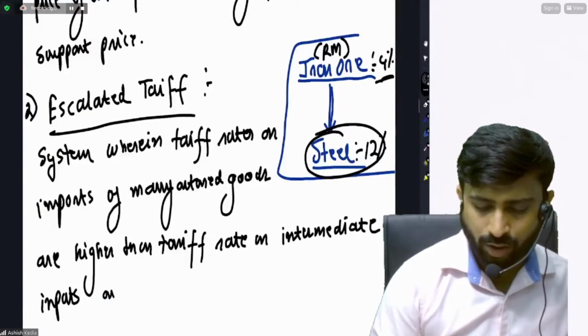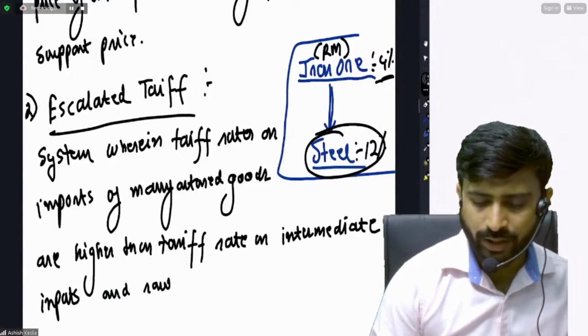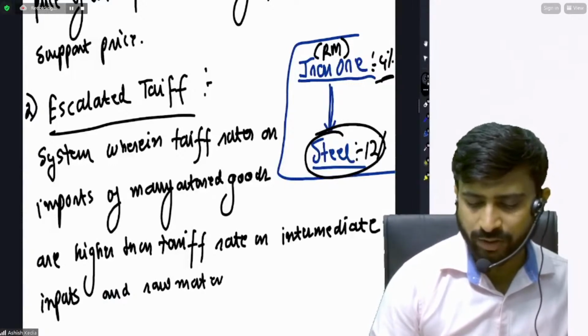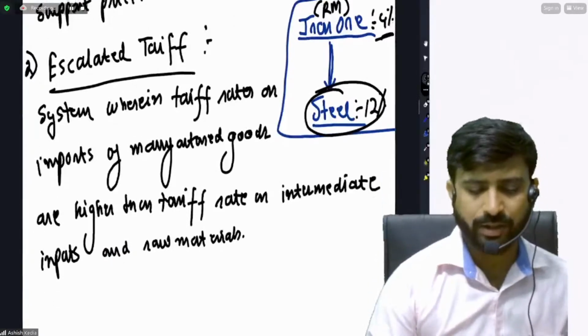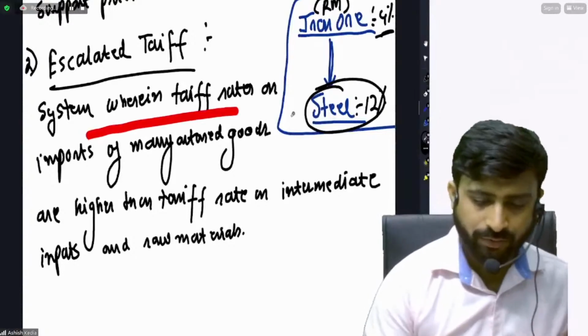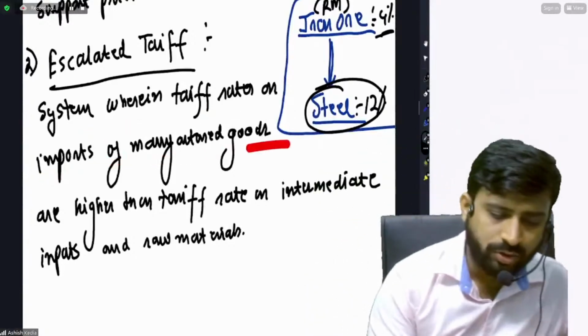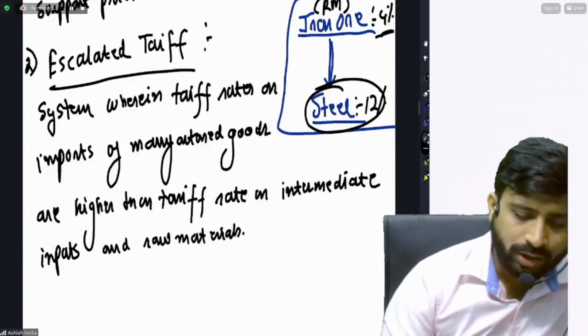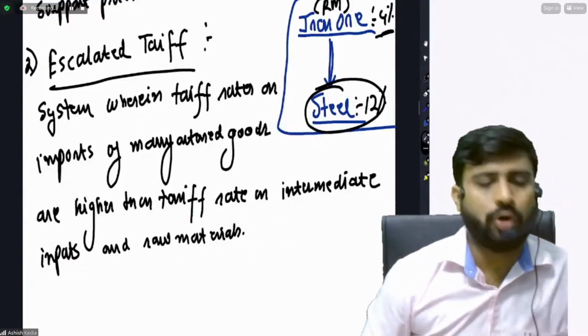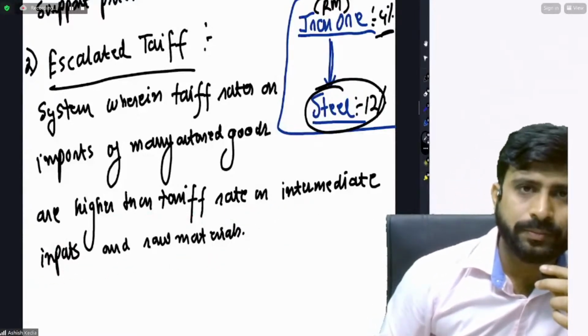I will explain again. It is a system wherein tariff rates on imports of manufactured goods are higher than tariff rates on intermediate inputs and raw materials.